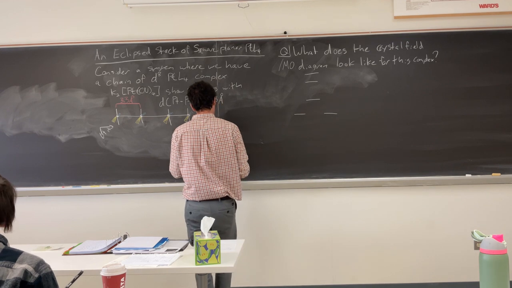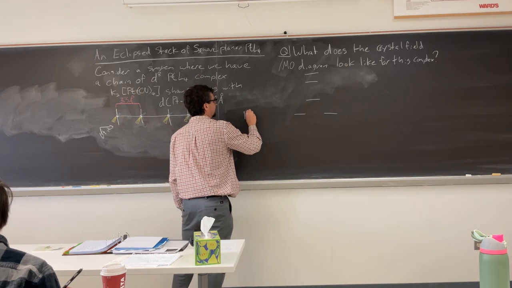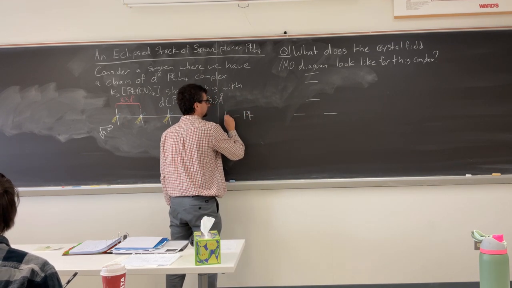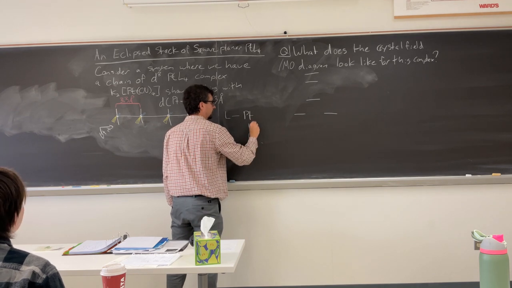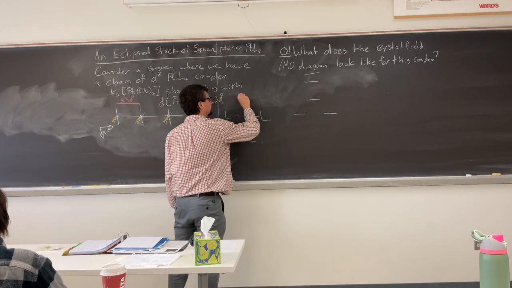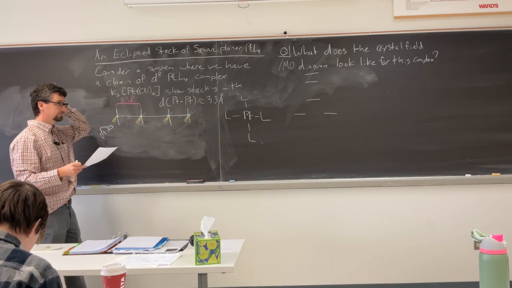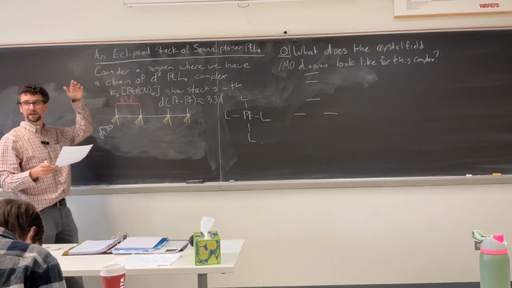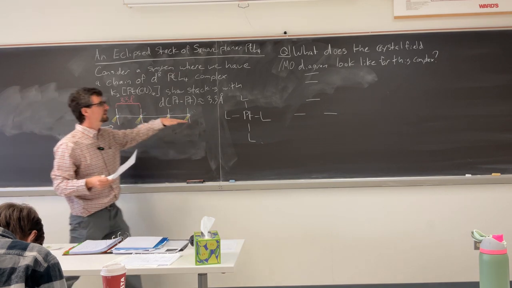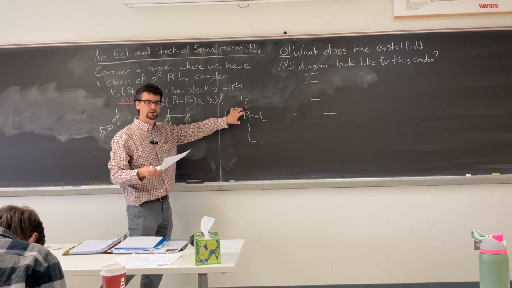Okay, so now let's think about the platinum. Ligand, ligand, ligand, ligand. And there's going to be some splitting that occurs because we're pushing negative charges closer to this system.